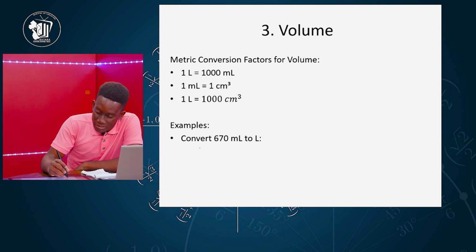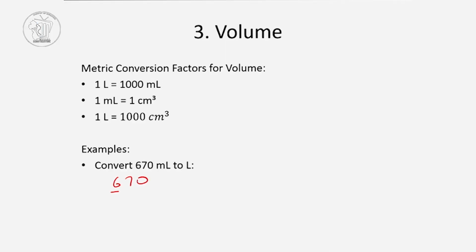So this will be 670 divided by 1000. So this 0 cancels with that 0. This 0 will bring the point back here. And this 0 brings the decimal point here. So this is equal to 0.67 liters. And that is how we convert that.